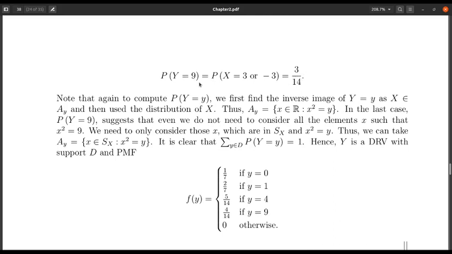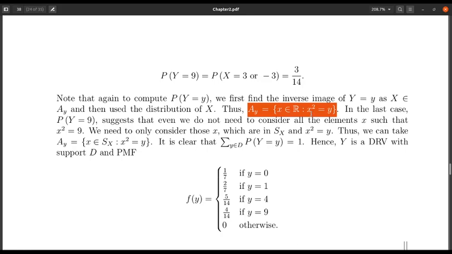Okay, so let us discuss briefly what we did. We tried to find the probability of Y equals y. For a particular value of small y, we look at this set, and the probability that Y equals y is the same as the probability that X belongs to A_y, because this set is the collection of all real numbers such that g(x) equals y.